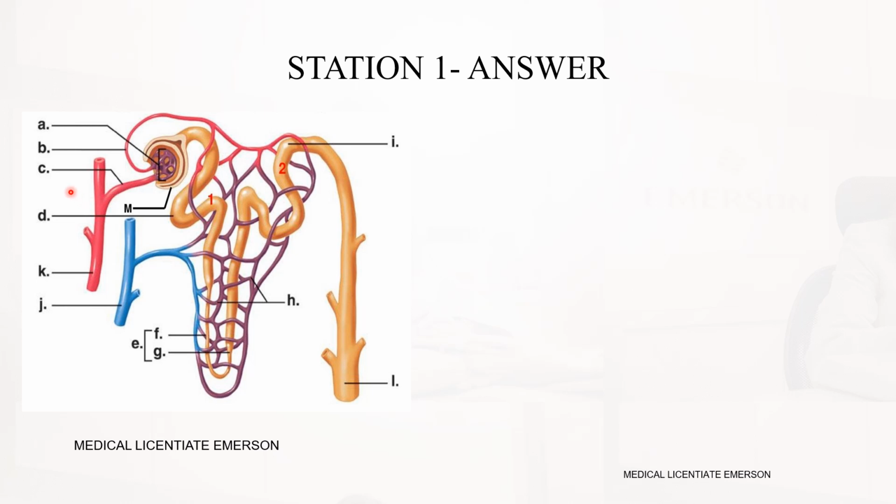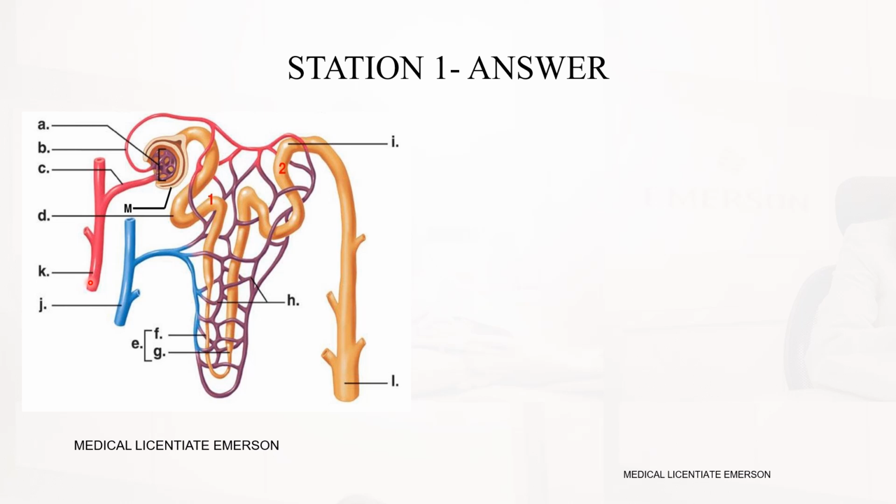Then C, this is an afferent arteriole. Then this is an efferent arteriole. So C afferent, B efferent. So the reason why I remember them is the one that is going in first is afferent, then that is going outside, that is the efferent.